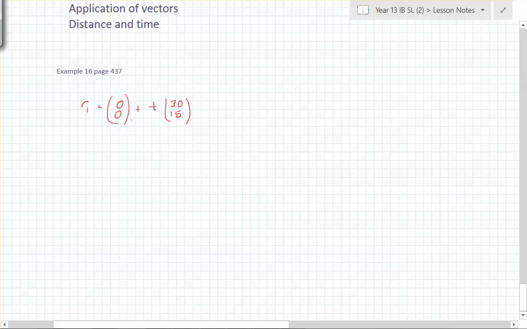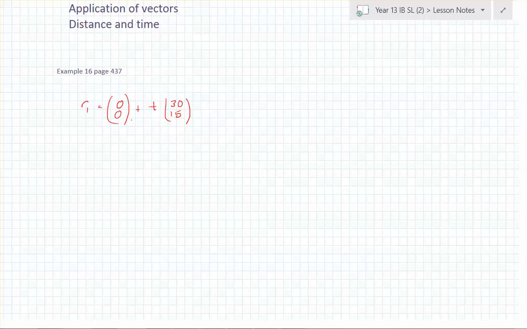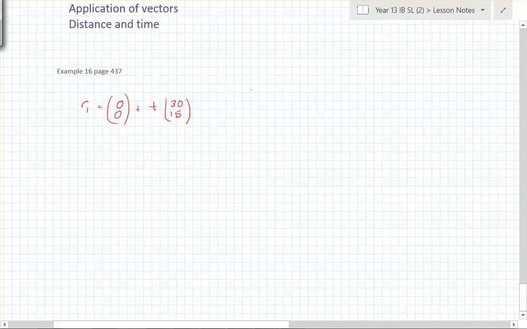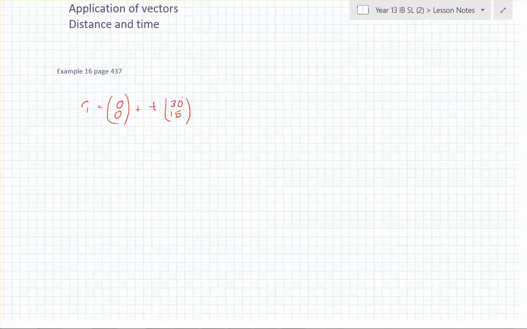Because, do you remember the vector equation of a line? You start with a position vector of a point on the line, and then you work out the next part of it, which is the direction, and then the magnitude of how often you do it. Now, what we know about this first boat is that it leaves a harbour. So relative to the harbour, its starting point, we could say is (0, 0).